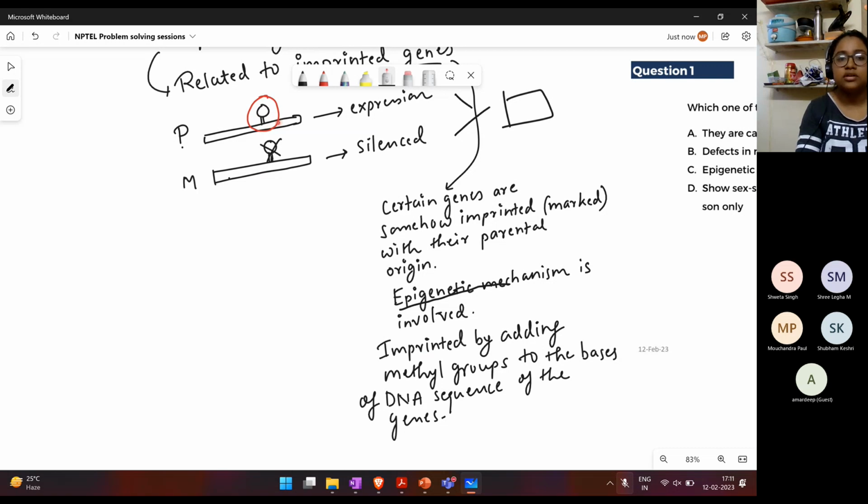So when cell division is happening and the progeny has received both copies, the expression machinery, like the promoter, will know that it has to do the transcription of this sequence only, because it is marked by the addition of a methyl group. So this is what happens in imprinting disorders.